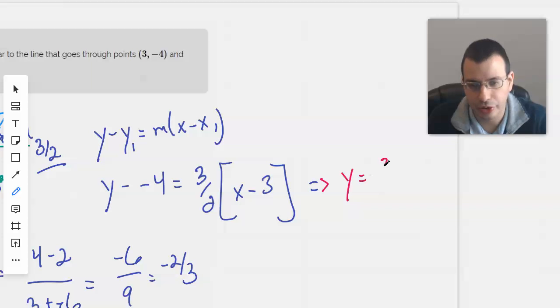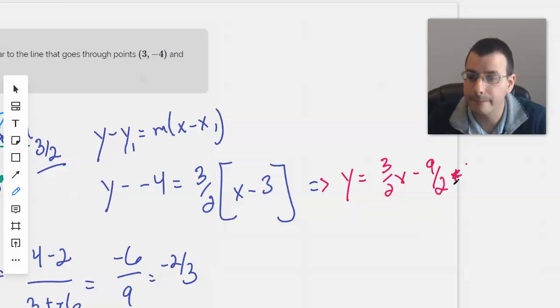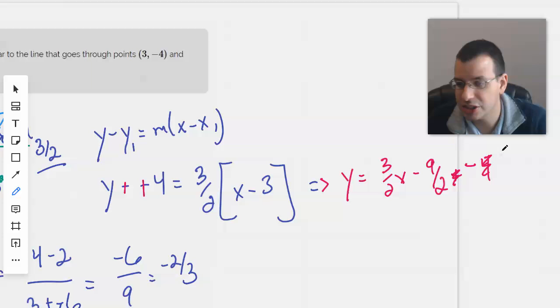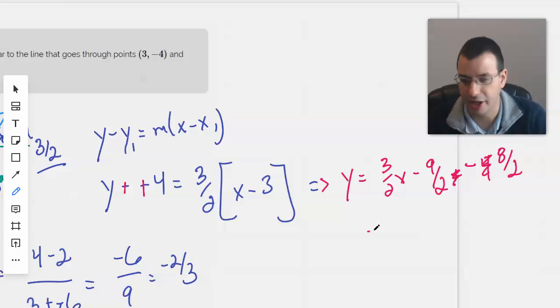y equals 3/2 x minus 9/2, because 3 times 3 over 2, minus 4, because this doubles cancel out, and then when we move it to the other side, it becomes negative. But I'm going to change 4 to 8/2. That way it's easier to combine with the 9.